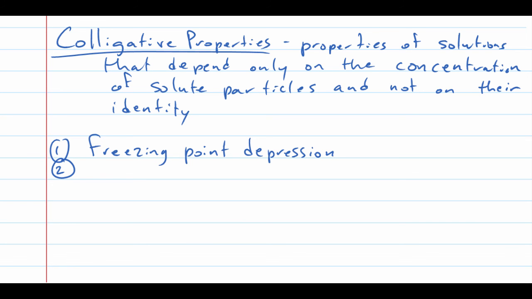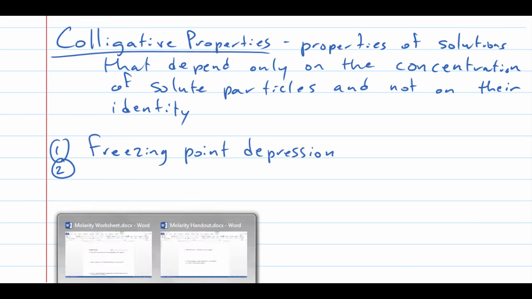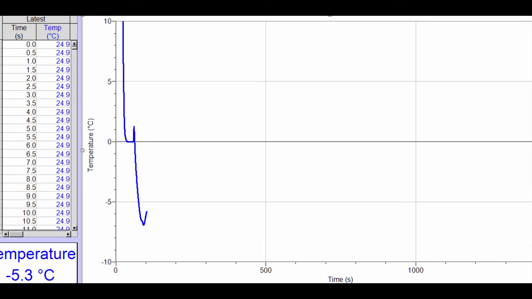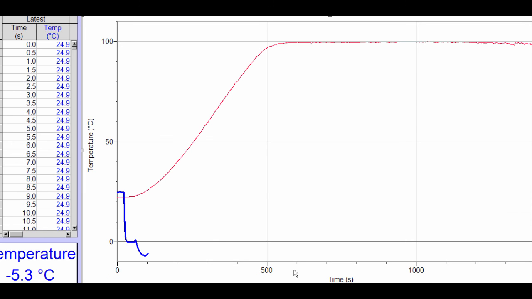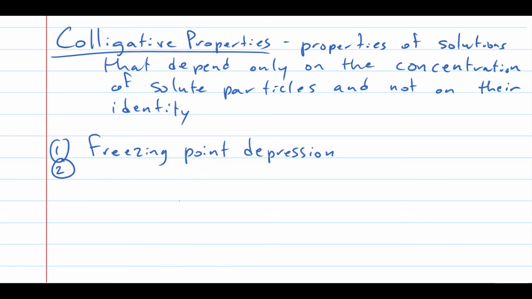And just like we saw with the first trial we did here today, what happened when we added a solute to the water? The boiling point went up. And so we call this one boiling point elevation.